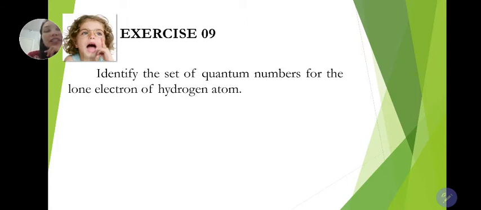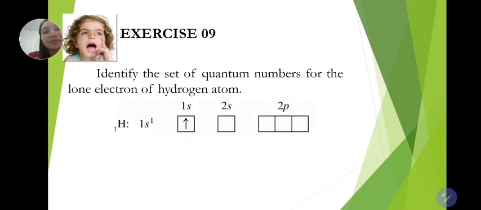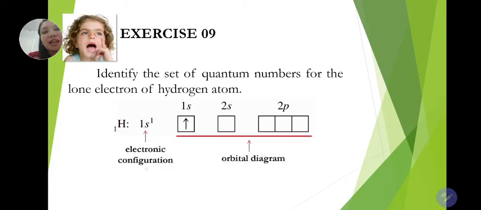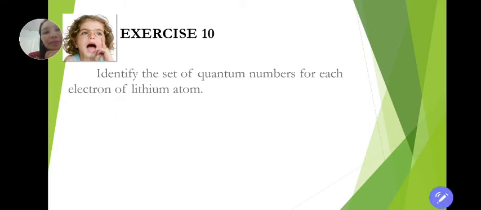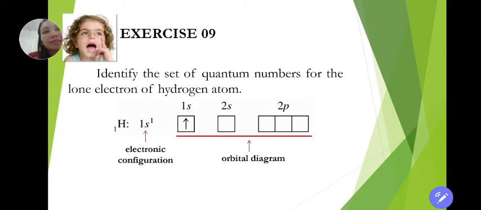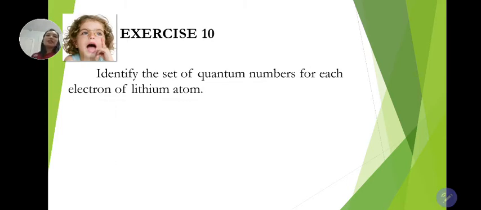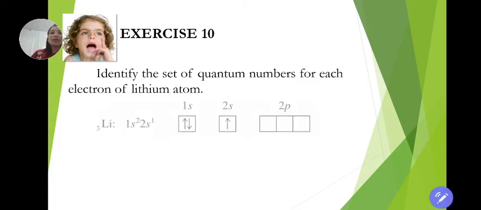So, let's try this exercise. Identify the set of quantum numbers for the lone electron of hydrogen atom. So, this is the electronic configuration 1s1, and we have this orbital diagram. So, there, we have 1s1 for hydrogen, okay? For lithium atom, identify the set of quantum numbers for each electron of lithium atom.